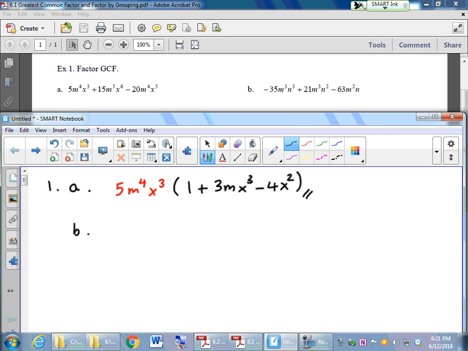Let's take a look at example B and factor out a negative number as the greatest common factor. First, you notice that there are 3 terms, and from each term, let's look at the numerical factor first: negative 35, negative 21, positive 21, and negative 63. So negative 7 is the greatest common factor.